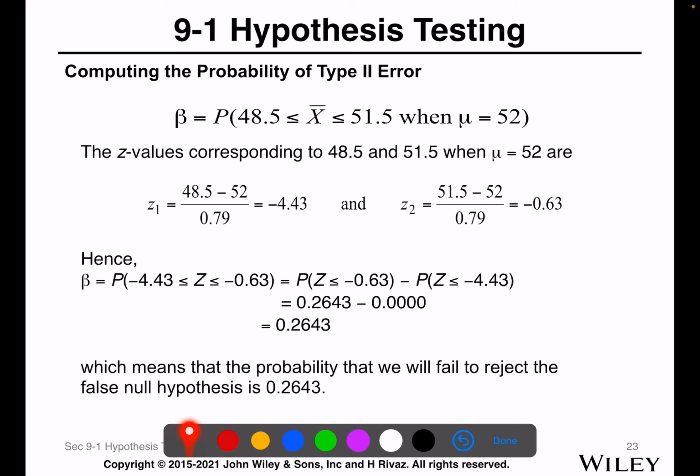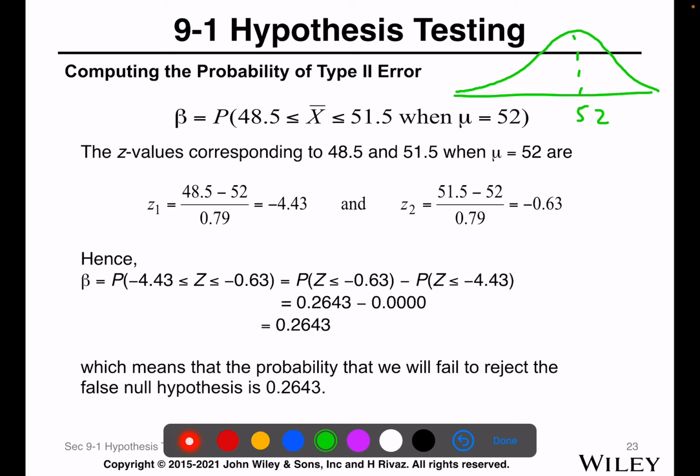So as we said before, when we calculate type 2 error, we have to assume, or the question has to basically tell us, what is the true mean, right? So here, the true mean is 52. So that means that this is actually my population, right?